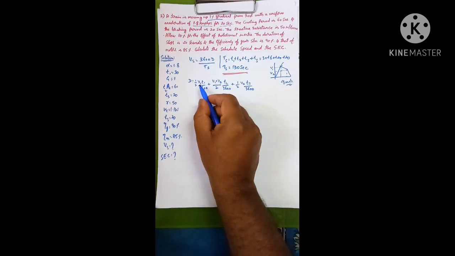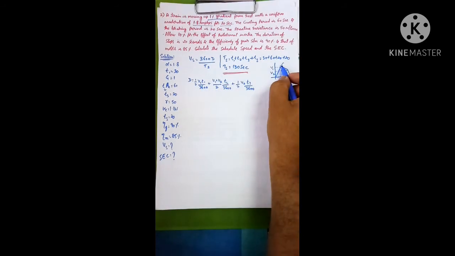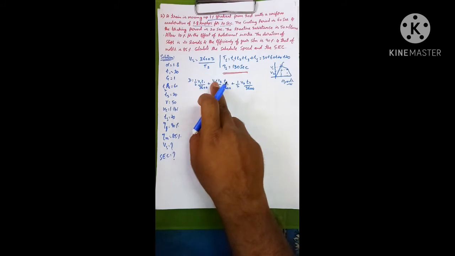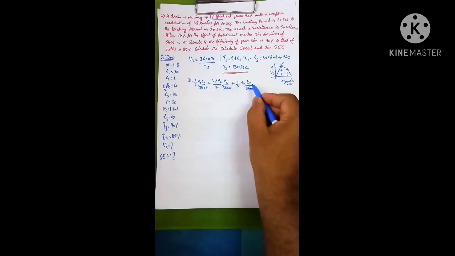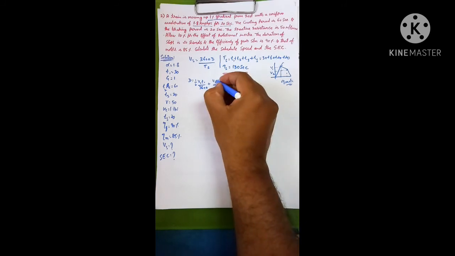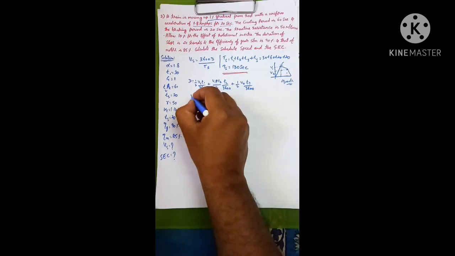V1 is nothing but the maximum speed, and V2 is nothing but the speed at this point. So we need to find V1 and V2, both have to be obtained. Because T1, T2, T3 are given in the data, only V1 and V2 are missing.